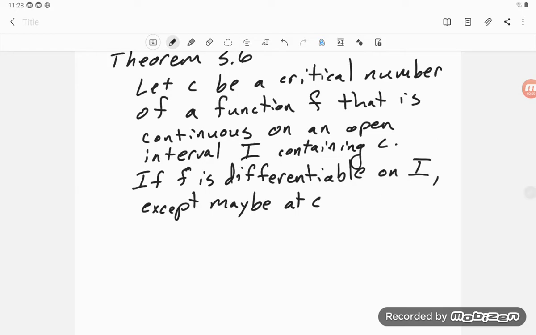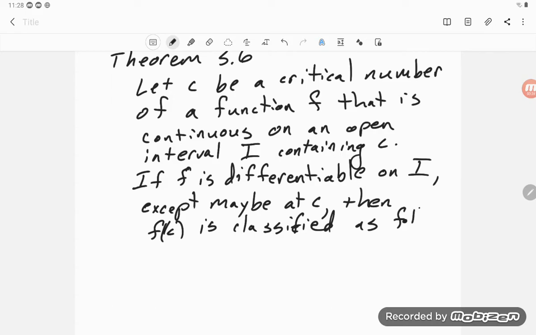So, except maybe at C, then f of C is classified as follows.